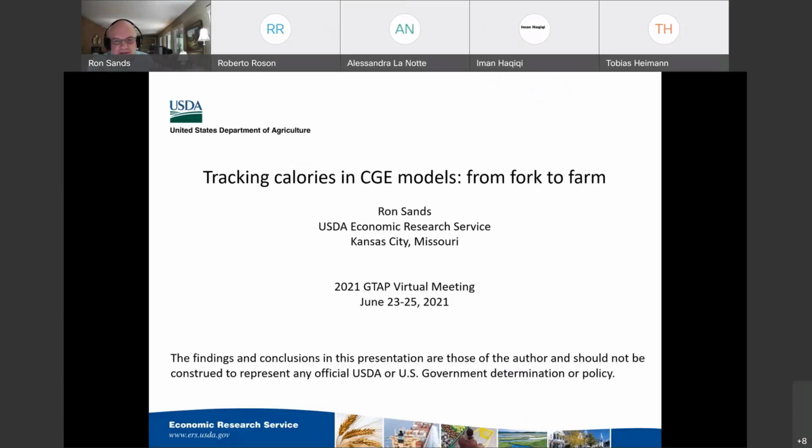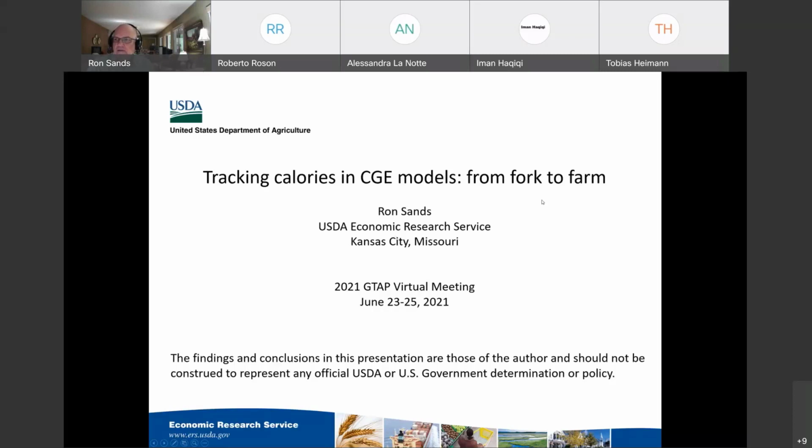I'm Ron Sands. I'm from the Economic Research Service at the U.S. Department of Agriculture. About a year and a half ago, most of the Economic Research Service moved from Washington, D.C. to Kansas City, Missouri, so I actually split my time between Kansas City and Washington, D.C. The title is Tracking Calories in CGE Models from Fork to Farm.